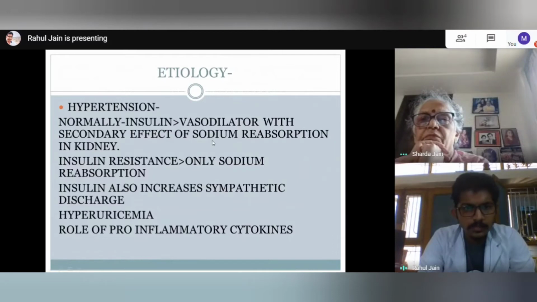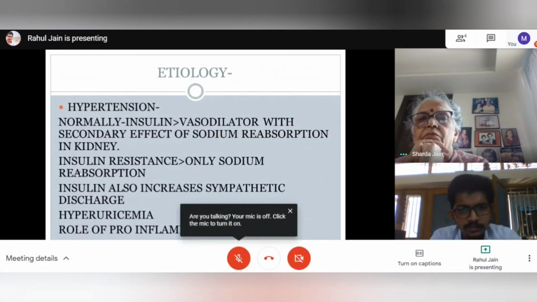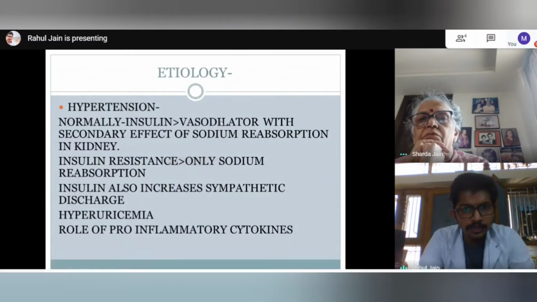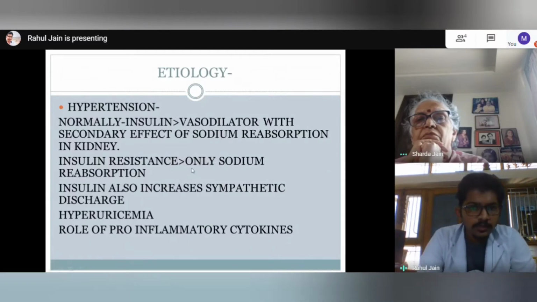This is normal. Along with vasodilatation and sodium reabsorption, both balance each other, and it does not affect blood pressure much. But when there's insulin resistance or hyperinsulinemia, it is only sodium reabsorption which is occurring and not the vasodilatory effect. So when the vasodilatory effect is not occurring, it's only sodium reabsorption, and this sodium reabsorption will cause hypertension.